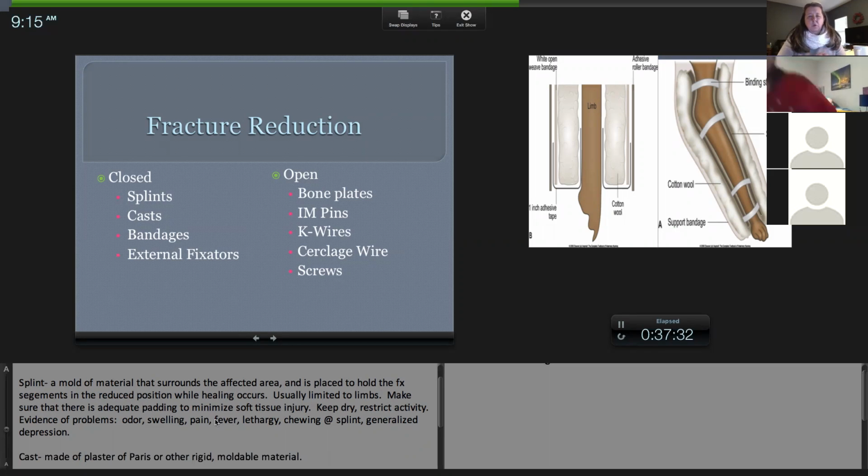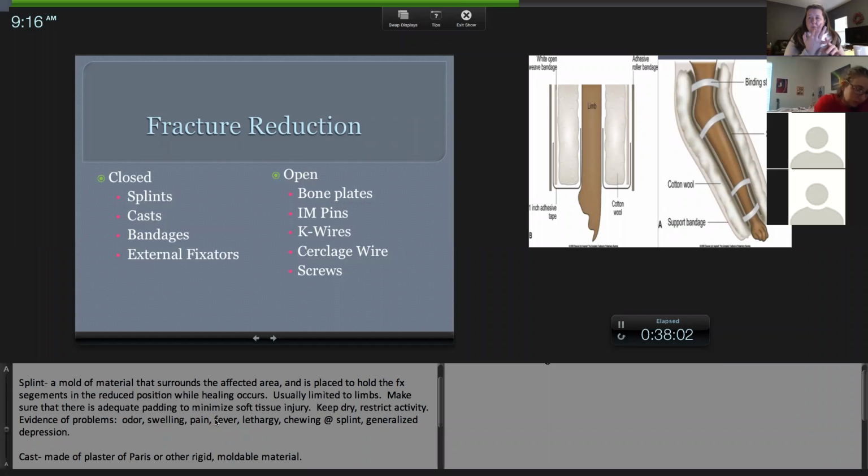But what I want you to know is fracture reduction. I would probably ask you, what is the difference between open and closed fracture reduction? Closed means we did something from the outside. We didn't open up the skin and muscle and access the bone. Obviously, an open reduction means we're surgically going to open the leg or open the limb, and we're going to apply some type of internal fixator.